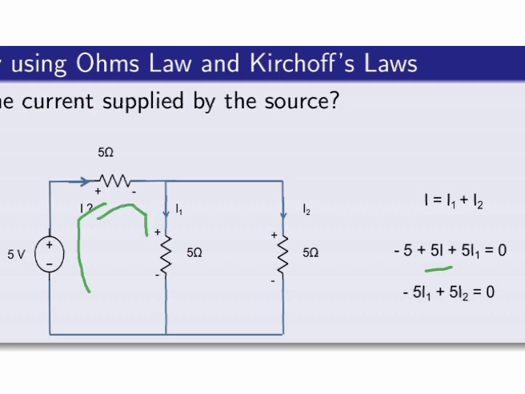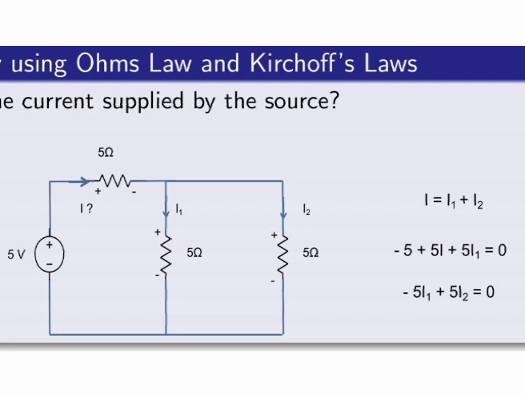Again, when I travel towards this resistance, I also see first the positive sign. That's why I again use this positive sign to describe the voltage across this 5 ohm resistance. The value of that voltage is 5 into the current through the resistance, that is I1. So plus 5 into I1, and it is equal to 0.